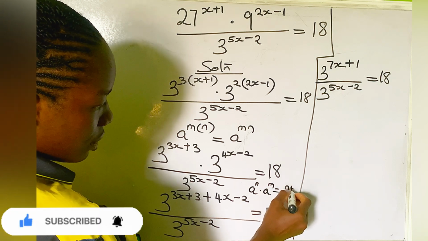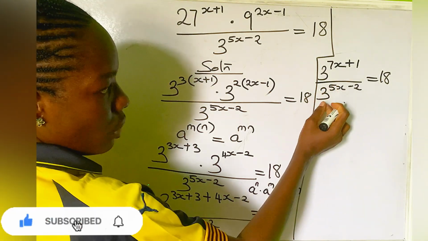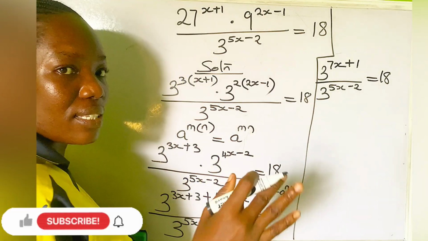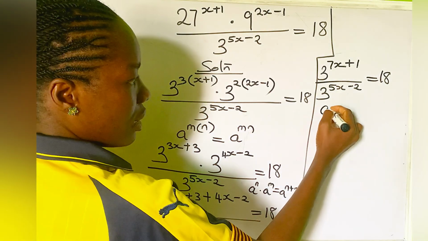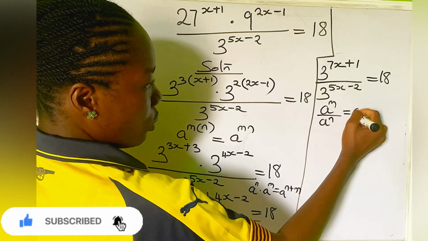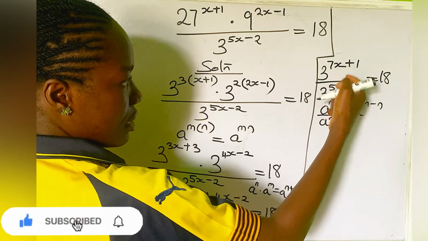Add the exponents, right? Now, here, when you have two bases dividing each other, we're going to subtract the exponents. So when we have a to the power of m divided by a to the power of n, we'll do what? Subtract the exponents. So we're going to subtract this from this.